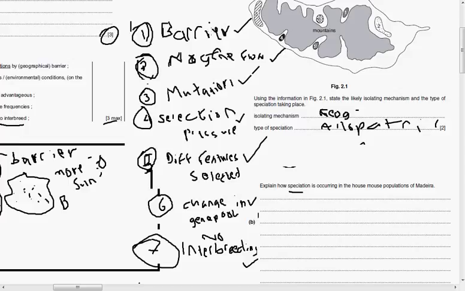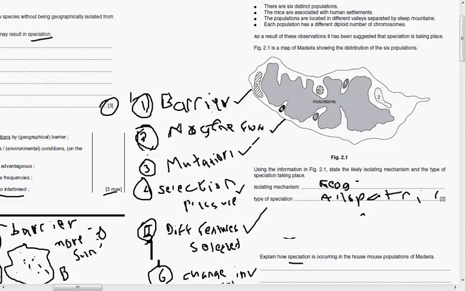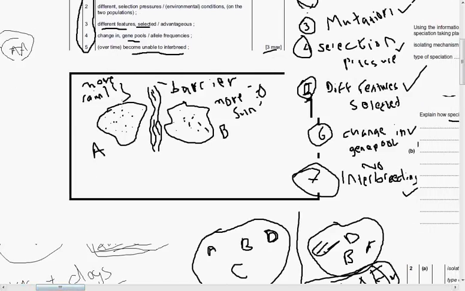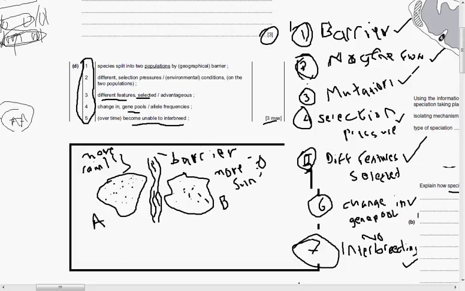It's the same thing. We have to get 5 marks. So you should try to memorize, not memorize actually, just figure out, as I said before, just try to get it in a picture format, and this picture will be better. There is a barrier, so the 2 species are isolated, and so they will have no gene flow.